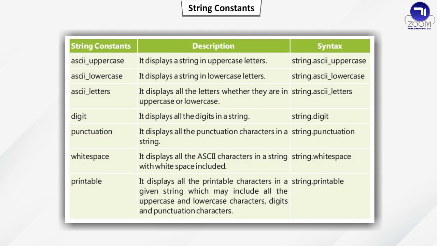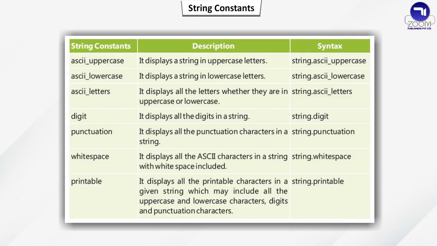ASCII letters. It displays all the letters whether they are in uppercase or lowercase. String ASCII letters. Digit. It displays all the digits in a string. String.digit. Punctuation. It displays all the punctuation characters in a string. String.punctuation. White space.